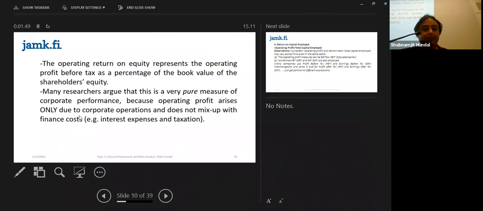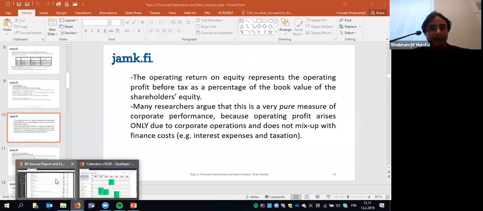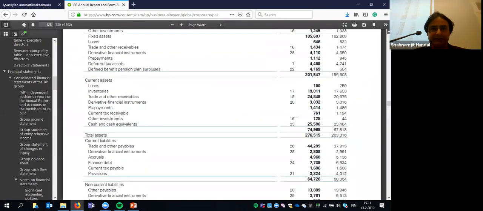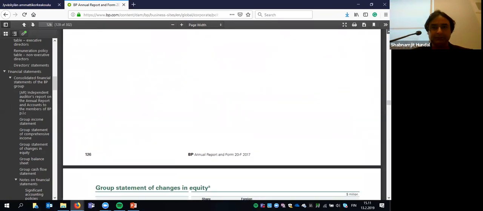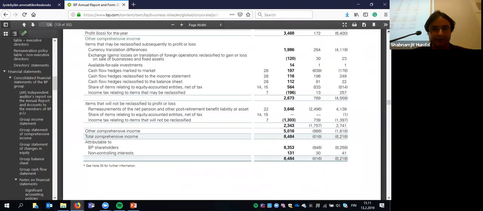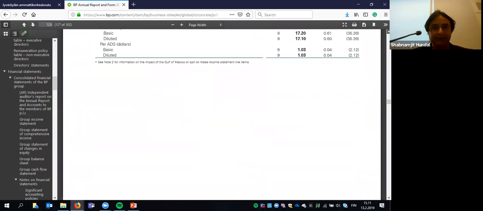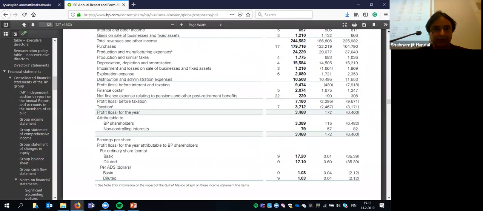If you check the financial statements of the company and go back to the income statement, there are several measures of profit: profit and loss before interest and taxation, profit and loss before taxation, profit and loss for the year.